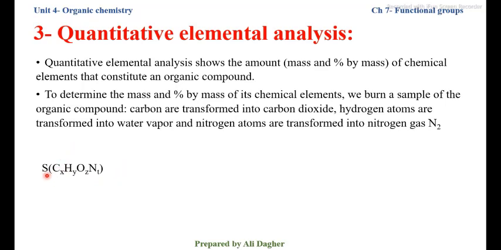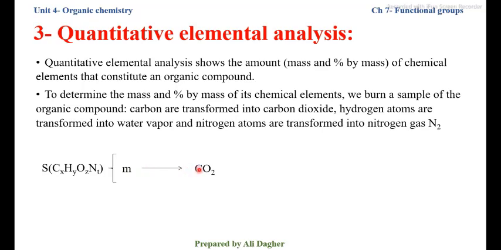For example, if we have an organic compound substance S formed of carbon, hydrogen, oxygen, and nitrogen of general formula CxHyOzNt, where x is the number of carbon atoms, y the number of hydrogen atoms, z the number of oxygen atoms, and t the number of nitrogen atoms in this organic compound. We burn a mass m.